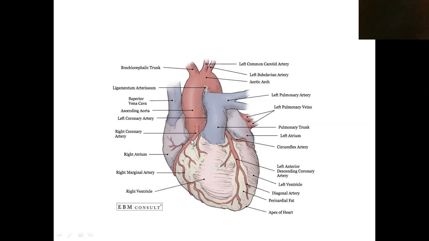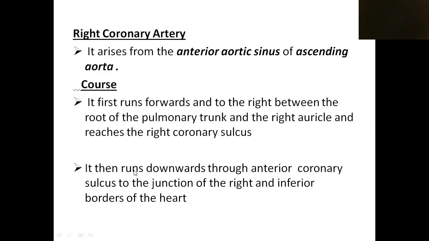See, there it runs downward. First it runs forward in relation with this auricle and pulmonary trunk. Then it runs downward through the right coronary sulcus and reaches the inferior border. See, this is the inferior border. After reaching the right coronary sulcus, it runs downward through the anterior coronary sulcus, or anterior atrioventricular sulcus, to reach the junction between the right and the inferior border of the heart.